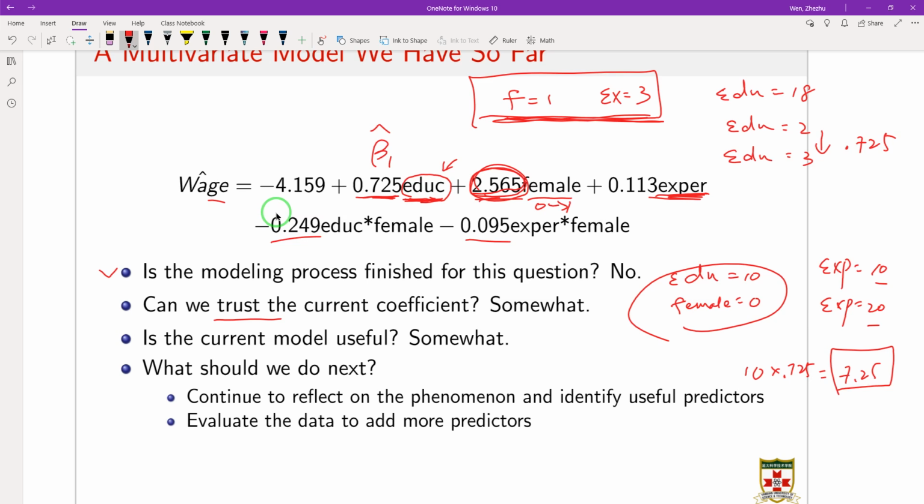And number two is to evaluate the data to add more predictors. Look at the current data set: is there anything more useful I can add based on your reflection? If your data does not contain the specific predictor you're thinking of, you may want to go out and gather more data, to improve your results by adding more predictors.